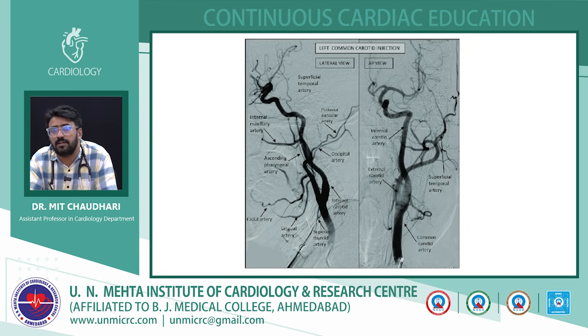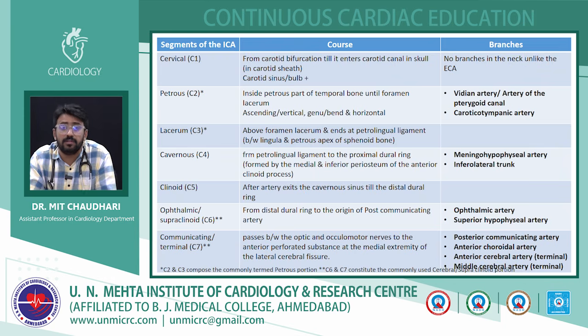As one can see, the internal carotid artery does not give any branch in the neck. We can take a lateral view, an AP view, or an ipsilateral oblique view. For the left common carotid artery, we can take the LAO view. For the right, we can go somewhat RAO, around 30 to 40 degrees. So that is how we define it on DSA.